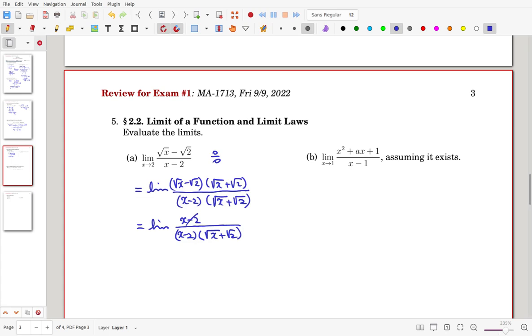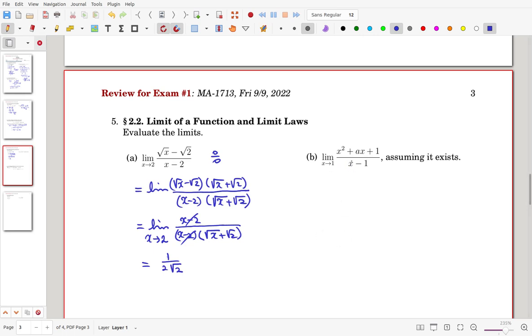So we can cancel this portion, and here x is approaching 2, so we can easily see that's square root of 2 plus square root of 2, and top is 1, so that is 1 over 2 square root of 2. So that's the final answer.